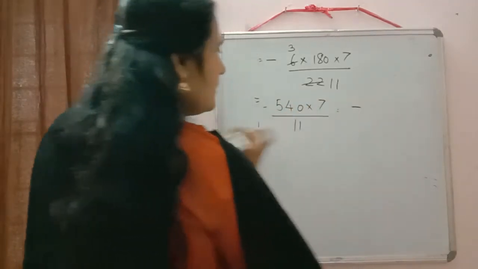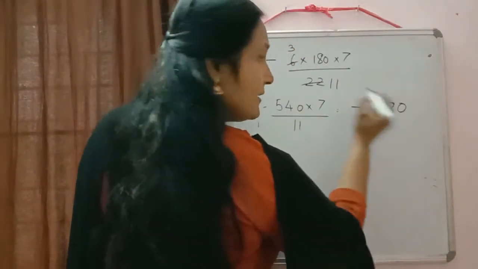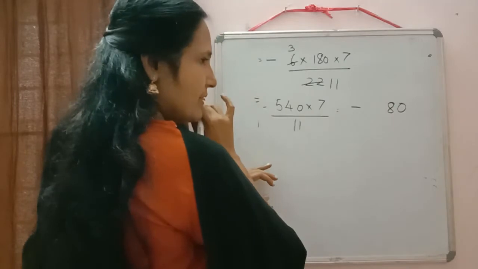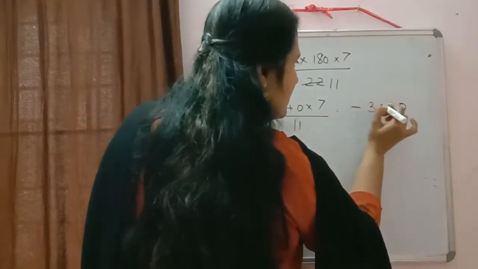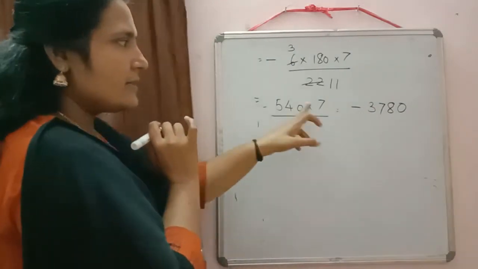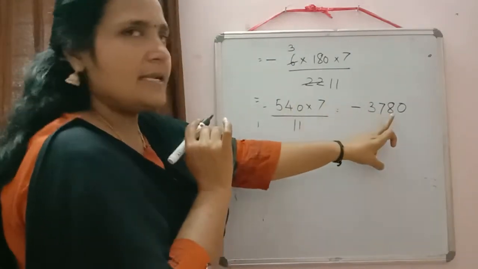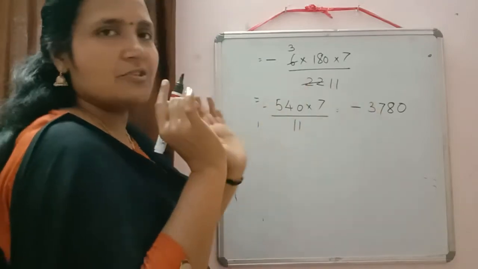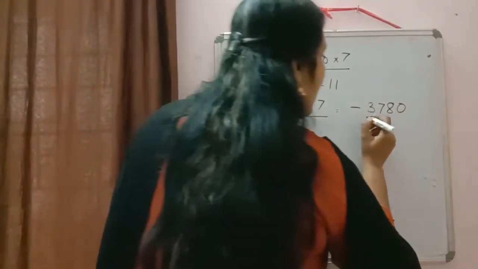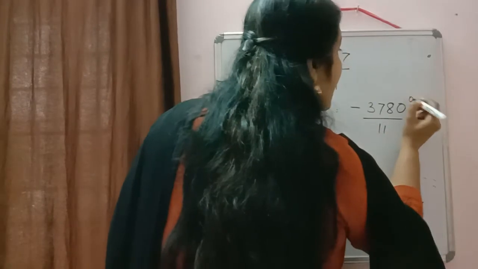So it will be equal to -0. 7 4s are 28, carry over 2. 7 5s are 35, plus 2 is 37. So 3780 by 11 degree.